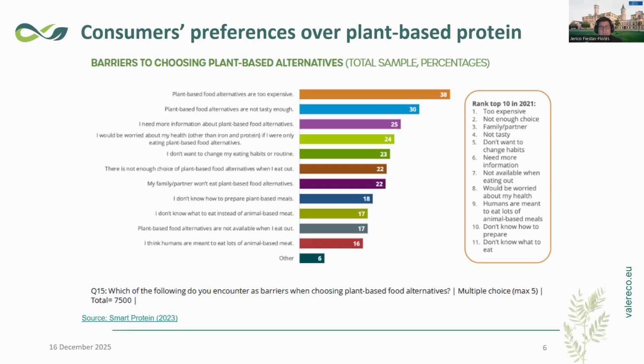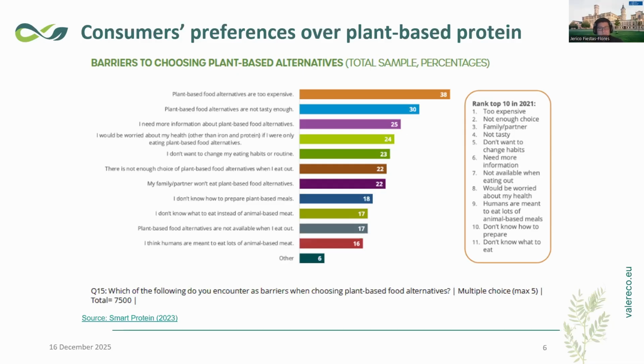And from a systemic point of view, we need to make these alternatives more available. And that's what all these projects aim to do, to understand what we can do to show that these not only provide more benefits to your health and to the environment, but can also be more accepted and provide you with sufficient nutrition or protein in this case.